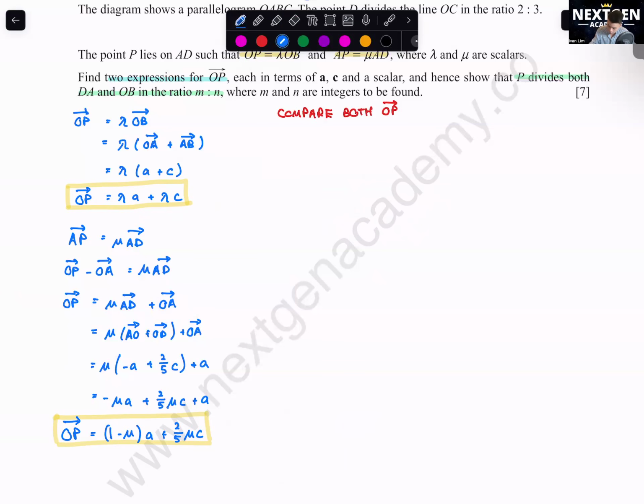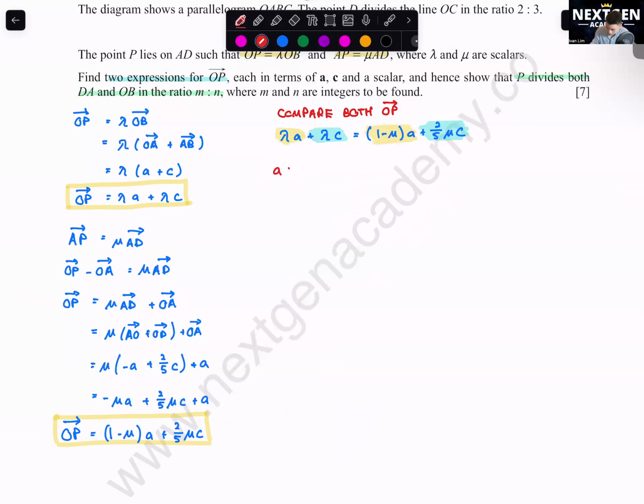So we have lambda A plus lambda C equals to 1 minus mu A plus 2/5 mu C. We're going to compare this and this, this and this. So we just compare the coefficient in front.